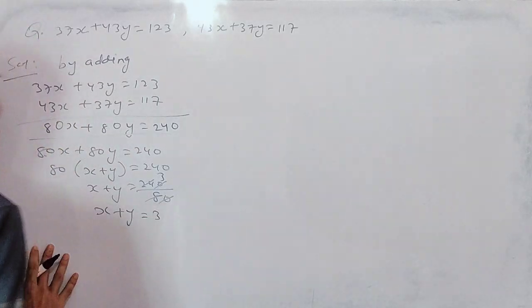Okay. Now we will subtract both equations. 37x plus 43y is equal to 123. 43x plus 37y is equal to 170. Minus.